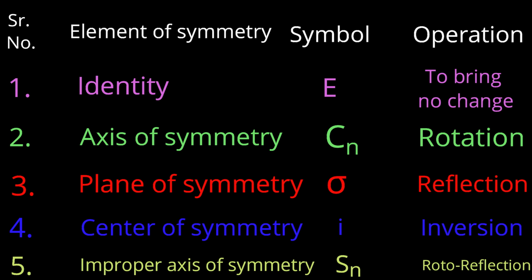How exactly we can understand the improper axis of rotation and why the name improper came, that we will discuss in detail when I come to that point individually. But for the time being, remember, Sn is an improper axis of rotation. It causes a double action. It is a combo operation. It causes rotation as well as reflection. So it is also called the rotoreflection operation. A total of 5 elements are there and the related actions are clear to you.